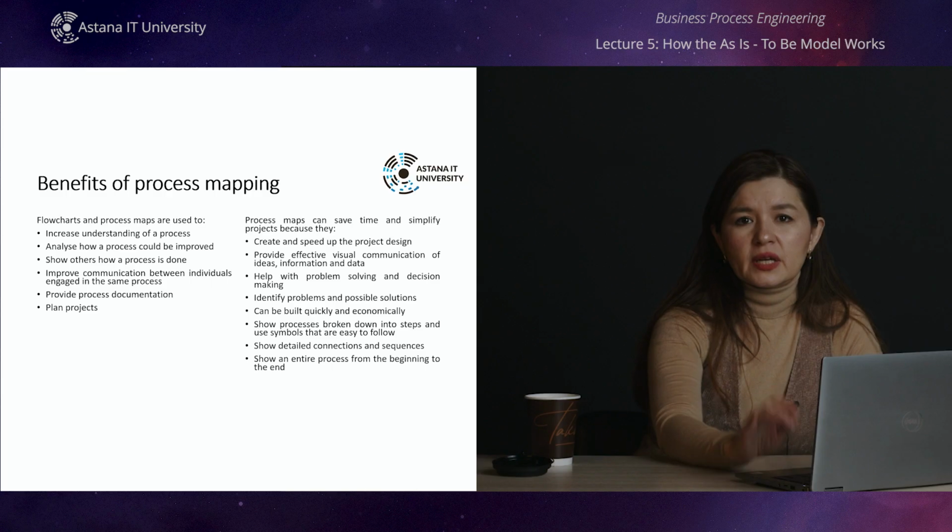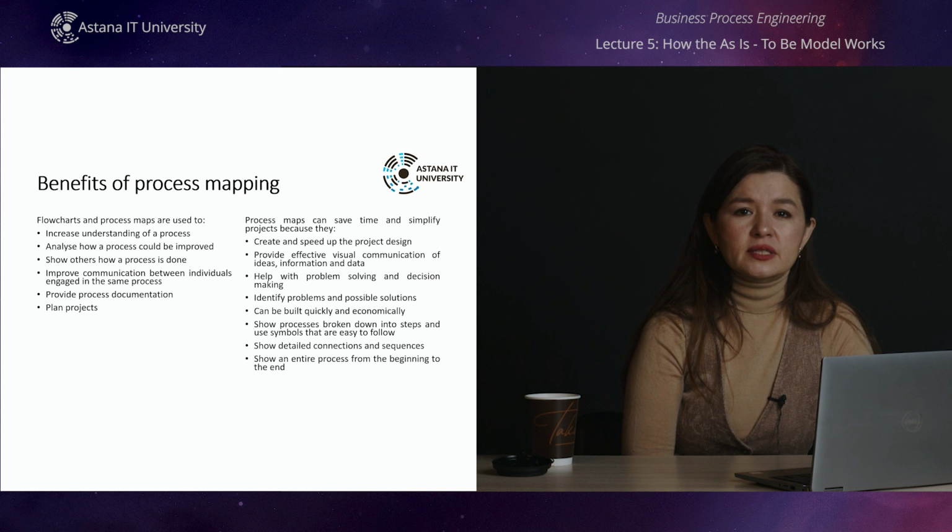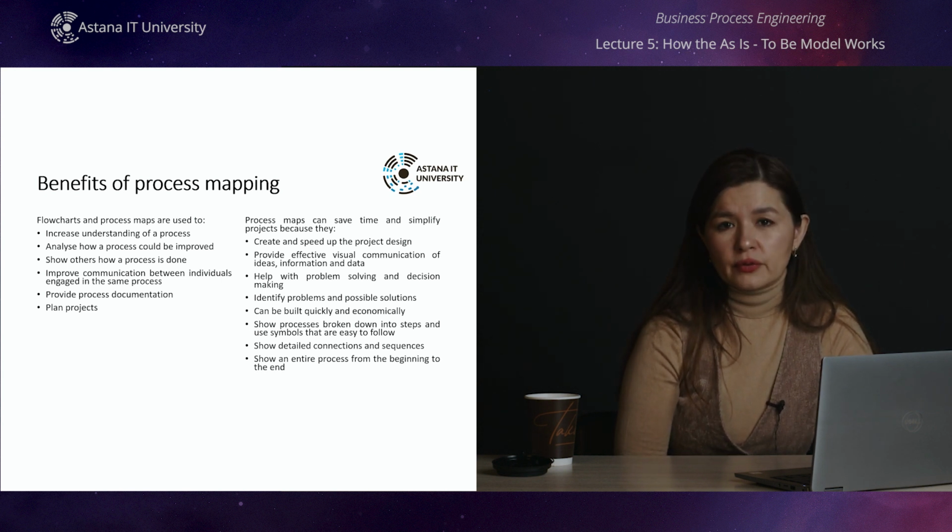Benefits of process mapping: it offers several key benefits that contribute to organizational efficiency, problem solving, and continuous improvement. It brings attention to inefficiencies, redundancies, and unnecessary steps within a workflow.